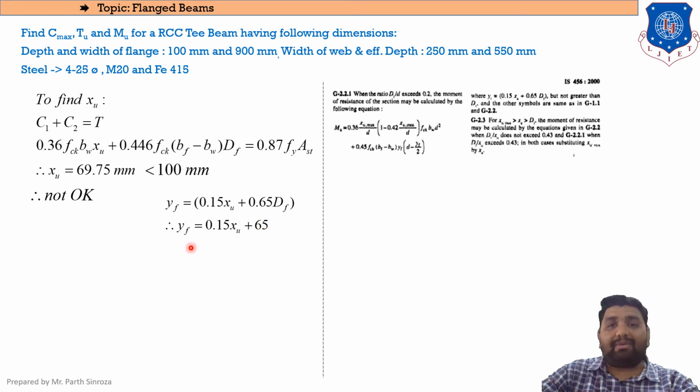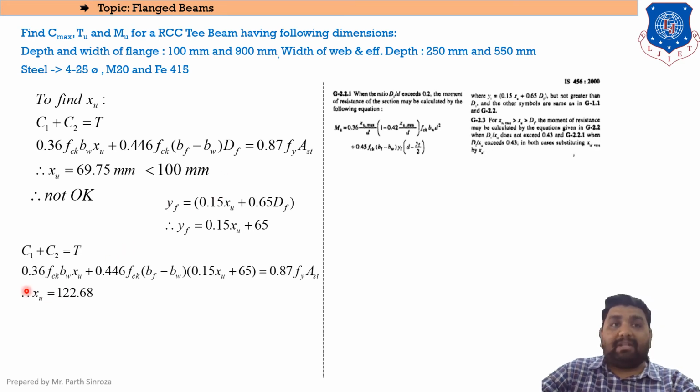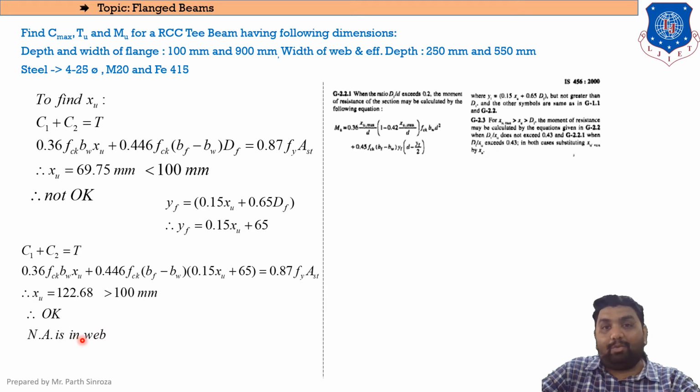This is the equation of YF that we will be substituting here in the parameter of DF. So solving it again, that is C1 plus C2 equal to T, this DF now will be substituted by YF. So the final answer of XU here comes out to be 122.68. Clear? The answer comes out to be 122.68, and this value is greater than 100 mm. So as it is greater than 100 mm, it is perfectly okay and the neutral axis is in web.